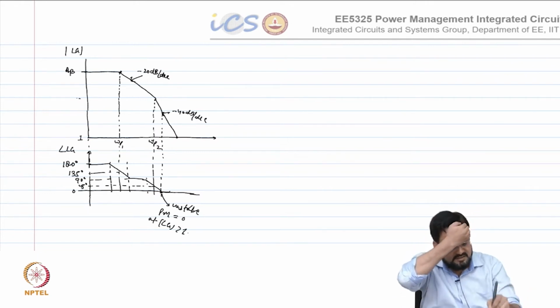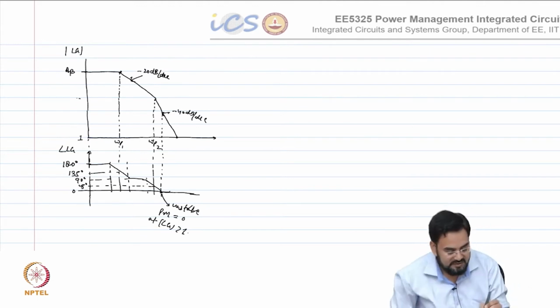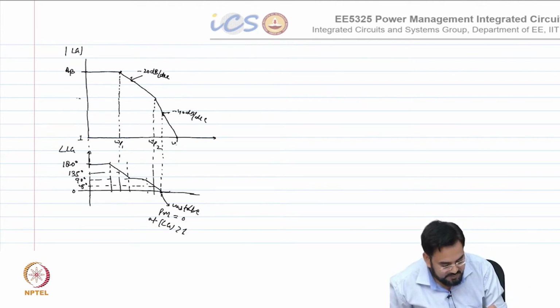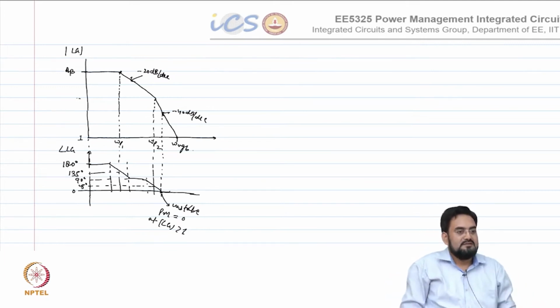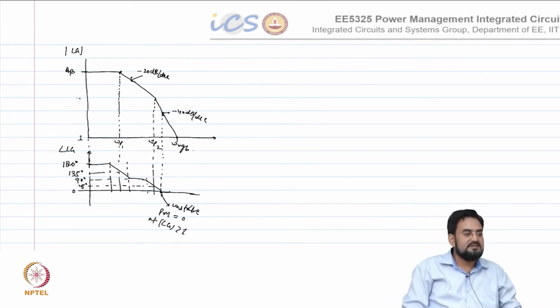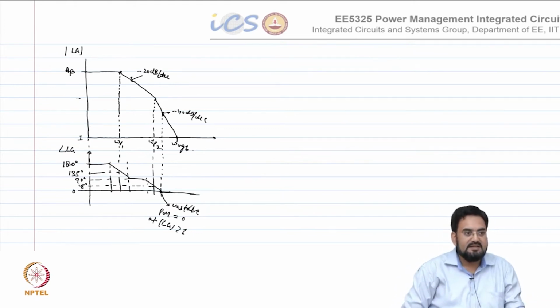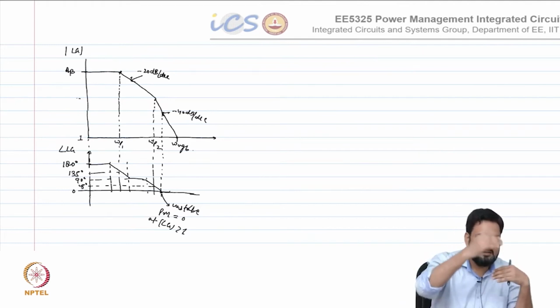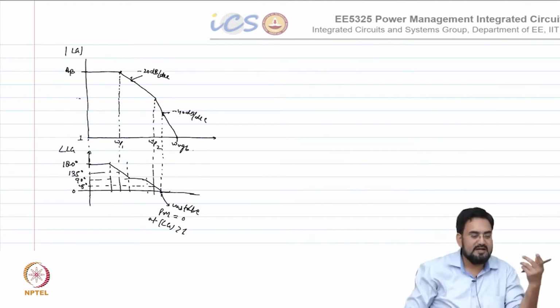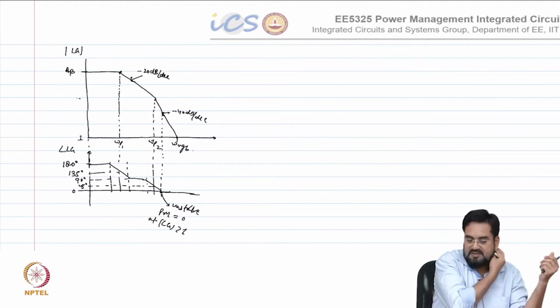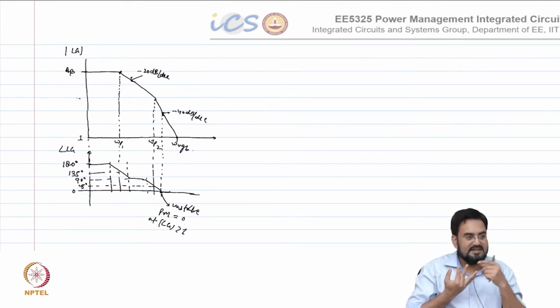As long as this 0 phase happens before your omega UGB your system is unstable. Correct. So, phase margin here is 0. If this 0 would have happened beyond omega UGB, then you could have achieved some phase margin, and that is what you try to do, which means your second order system has a tendency to become unstable.